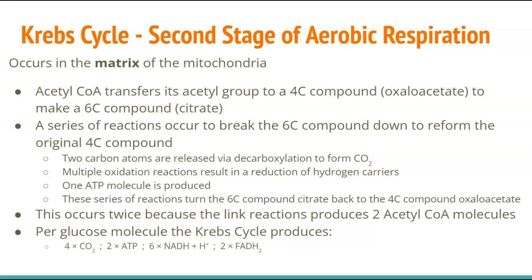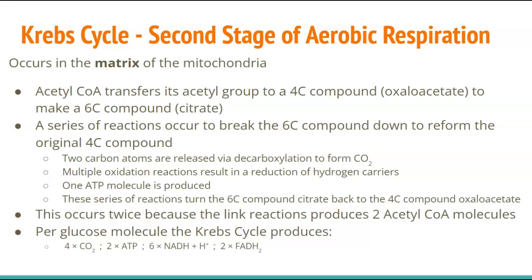Lots of oxidation reactions, which results in a reduction of hydrogen carriers. You get 1 ATP molecule. Remember, you have to do this twice. And these series of reactions turn citrate back into oxaloacetate. So it turns the 6C back into the 4C.